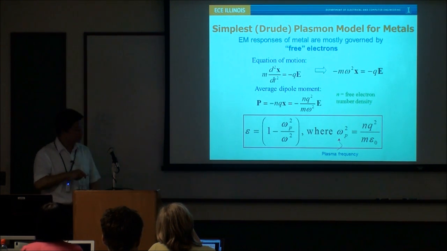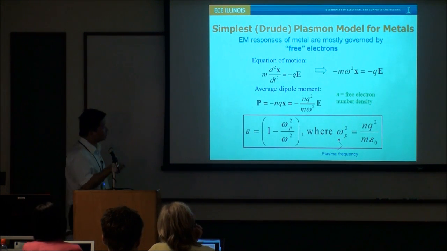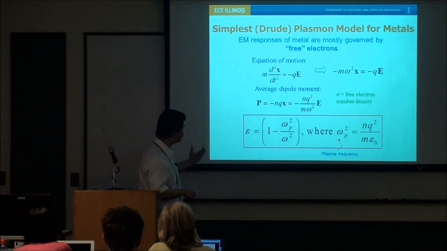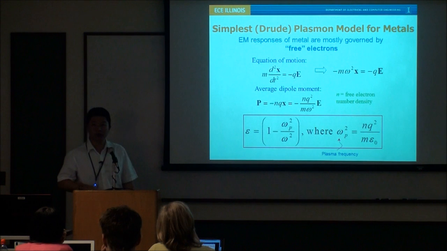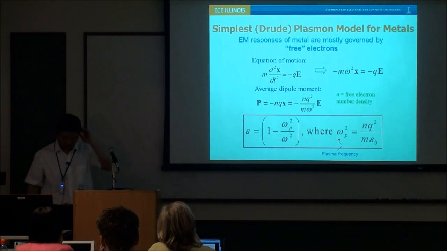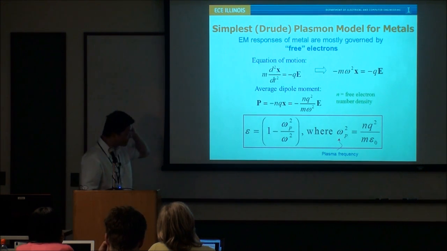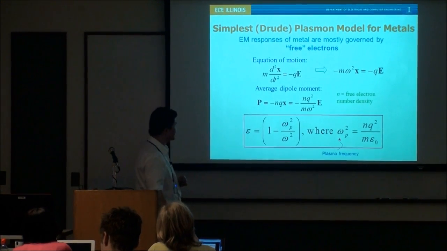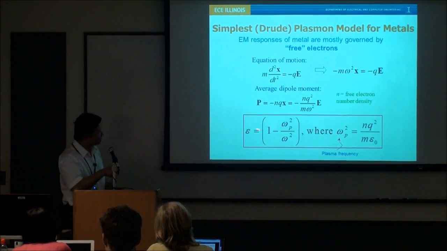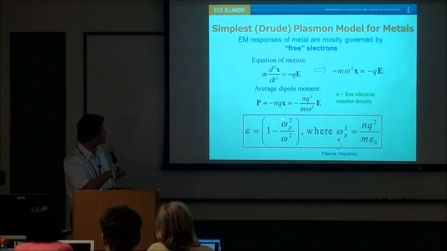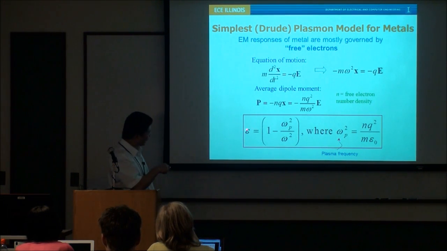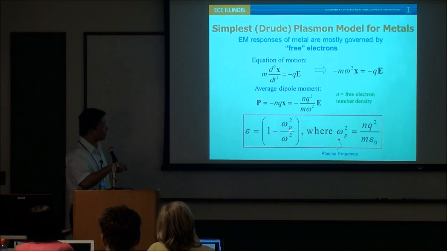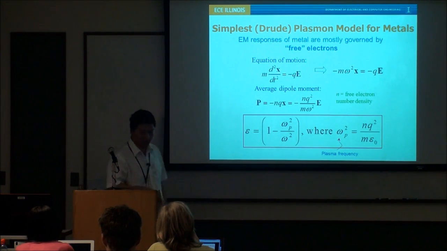If we have that expression, and we also use the Maxwell equations, then what we have is the relationship between the permittivity, or dielectric constant, epsilon, and the angular frequency omega. So for all plasmonic structures or devices, epsilon equals 1 minus omega_p squared divided by omega squared.